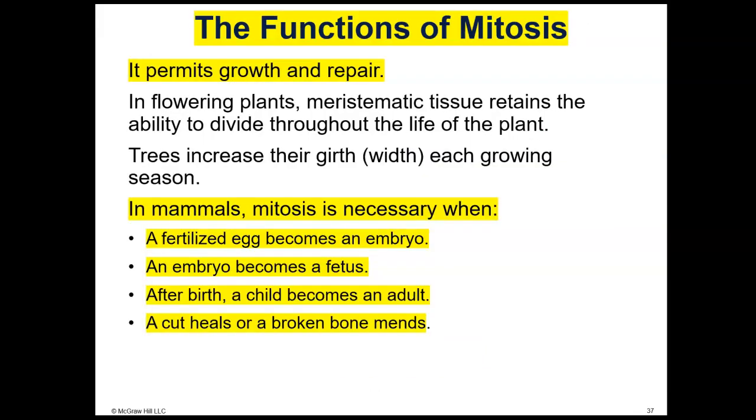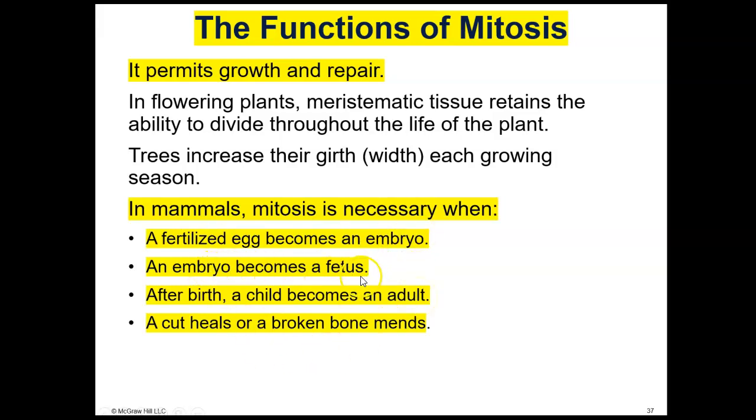All right, functions of mitosis. Functions of mitosis are that it permits growth and repair. In mammals, mitosis is necessary when a fertilized egg becomes an embryo. The fertilized egg, called the zygote, must divide many, many times, and that nuclear division of those cells is called mitosis.